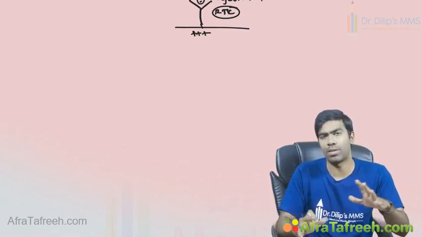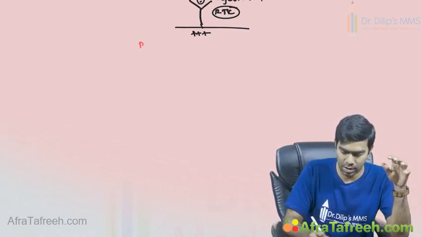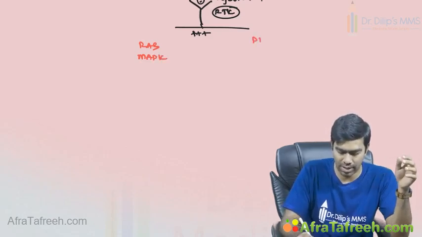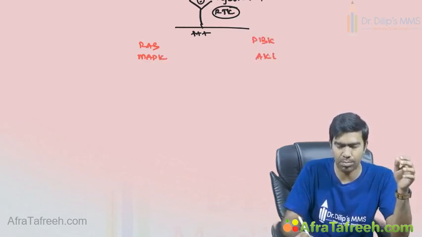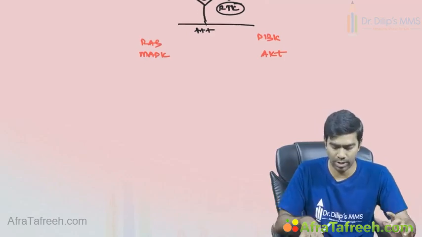There are two types of effector pathways that come under this receptor tyrosine kinase. First pathway we call the RAS MAP kinase pathway, and the second pathway we call the classic PI3K AKT pathway. Both are highly oncogenic, both are highly growth promoting pathways. Let us see what's going to happen.